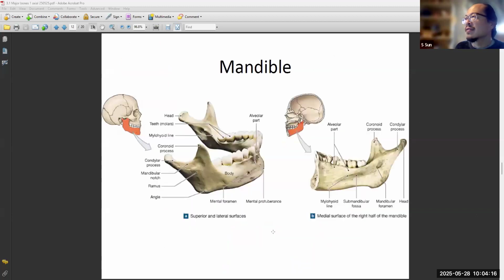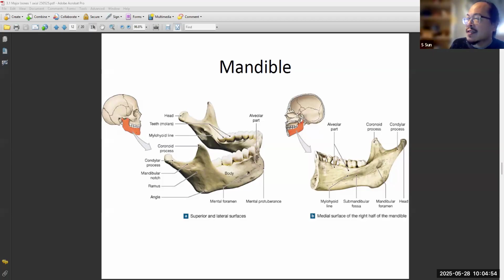So that's that. Another bone that we will also pay attention to is the mandible. The mandible provides the lower part of your oral cavity. It's U-shaped, and this U shape is called the body of the mandible.